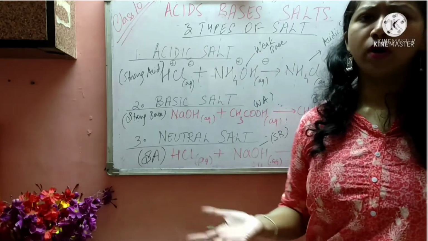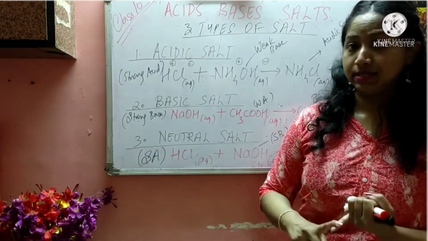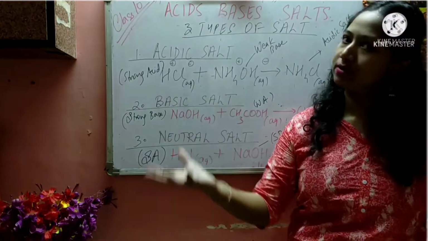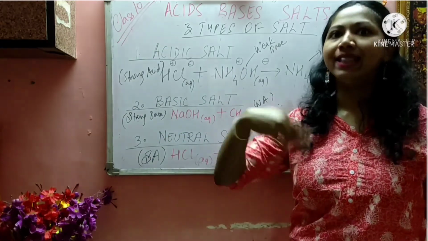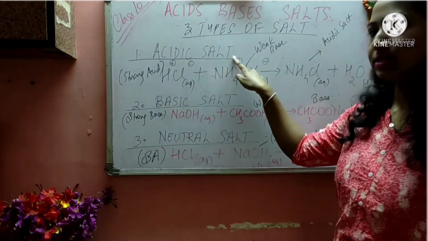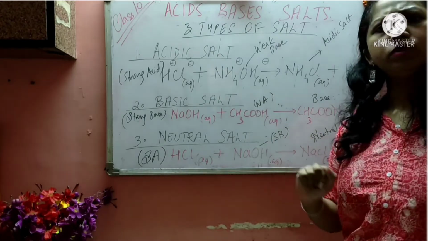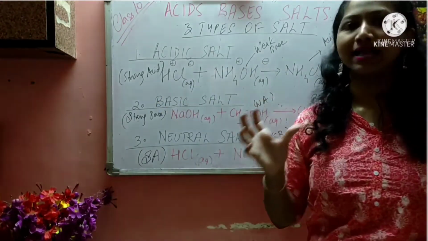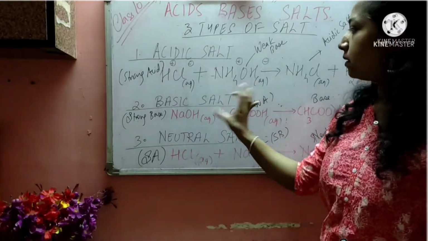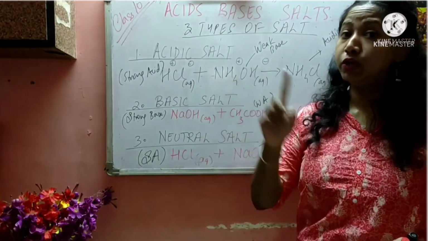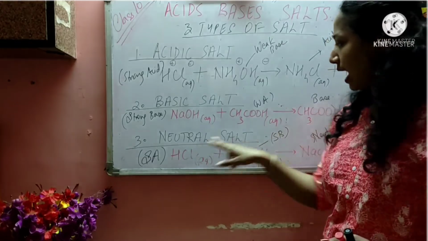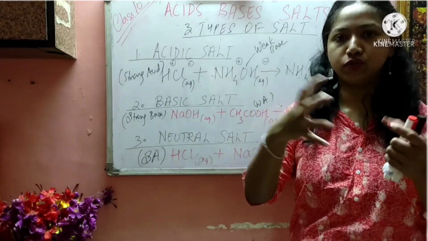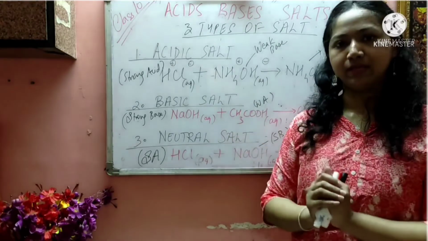Understood? How you're going to form salt is, acid will react with base and you're going to get salt and water. Then there are three types: acidic salt, basic salt and neutral salt. Acidic salt means you need to take strong acid, basic salt means you need to take strong base, and neutral means you need to take strong acid and strong base.